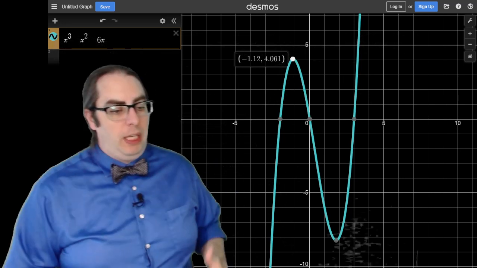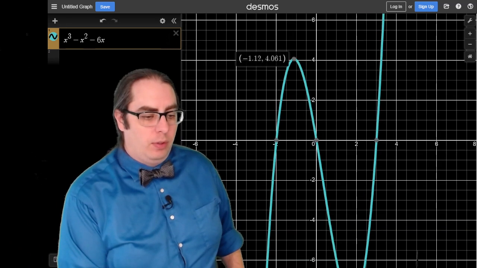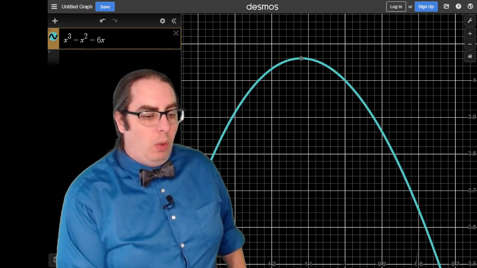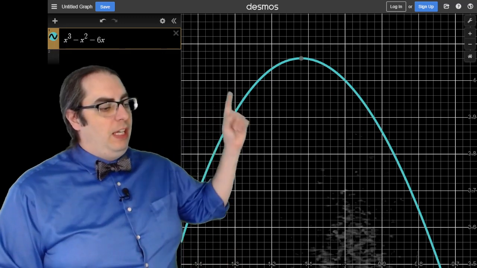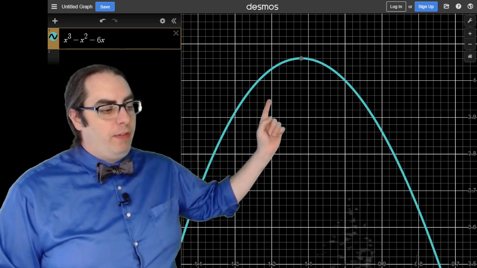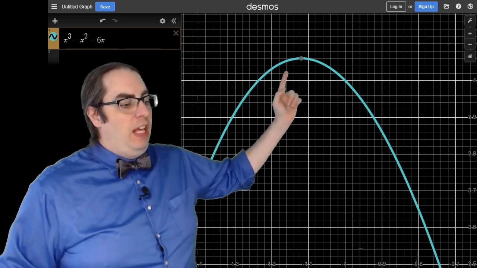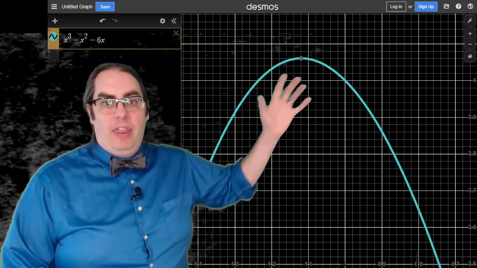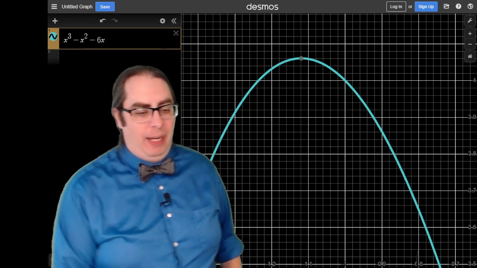If I zoom in really close on just that point, what we see is that in this neighborhood of the point, if I pick anywhere else, any distance away from the point, I always get a value of the function less than the value of the function I get at my point. All right, that's what the definition of a relative maximum is trying to talk about.